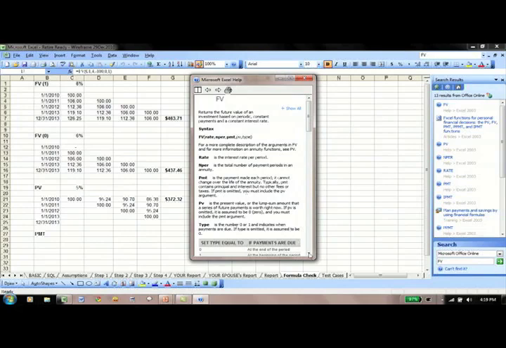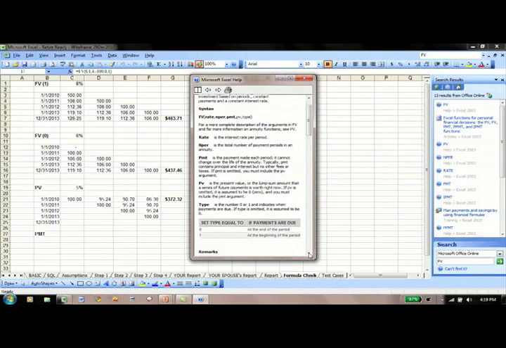So if we look at that, a 0, or if you omit it, it's assumed to be a 0, is when payments are made at the end of the period. So if we're standing on the 1st of Jan, let's just say 2011, then it assumes that our first payment of, let's say, $1,000 is made on the 31st of December.